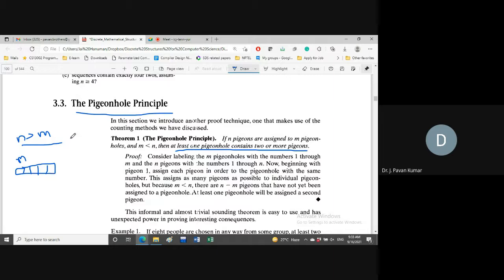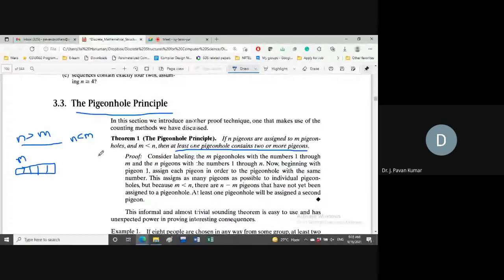For example, let us argue like n is less than m. Can we say anything about it? If n is less than m, can we say something that can be guaranteed?